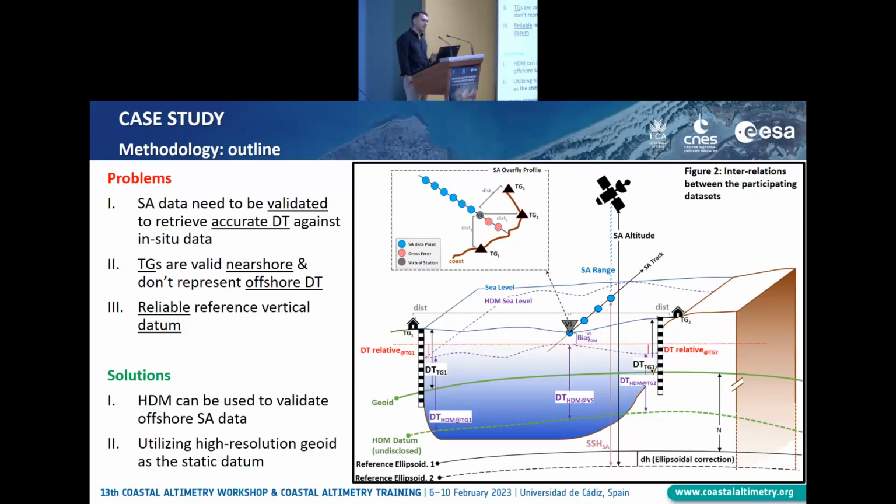So the assumption is that the model provides the accurate sea level, but not precise, so it can be corrected by a simple shift using the tide gauge data nearby the satellite track, and then the satellite can be validated along its track using this corrected model.